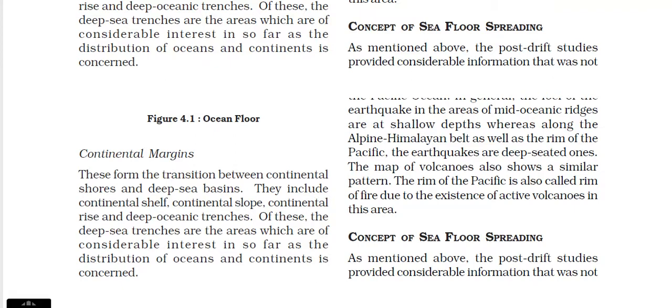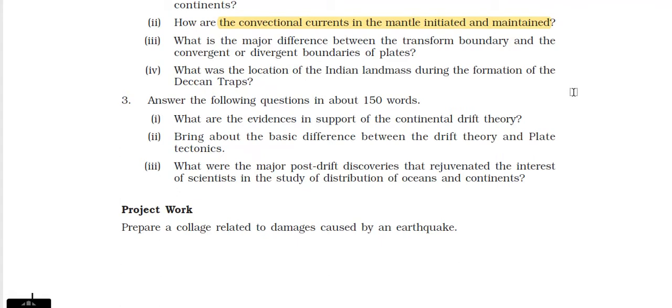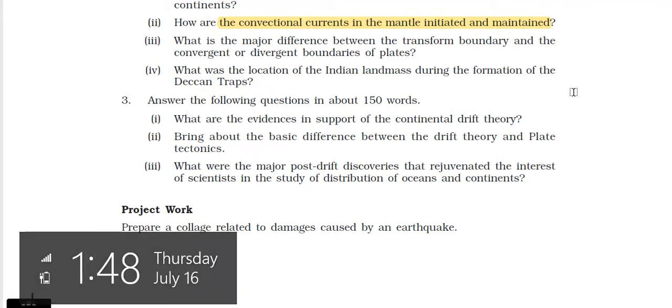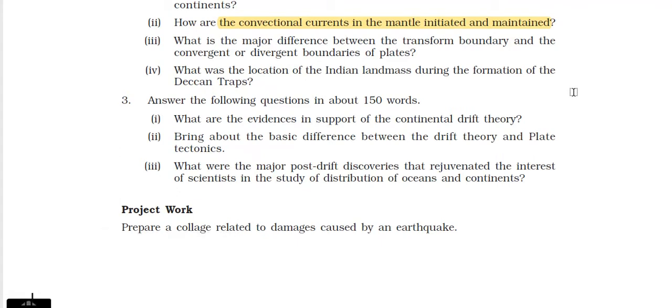The next is question number 3, which we have to see: what is the major difference between the transform boundaries and the convergent or divergent plate boundaries?